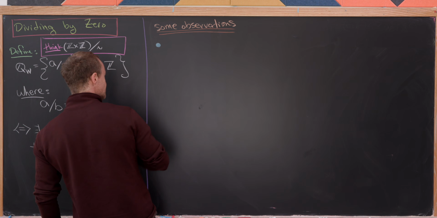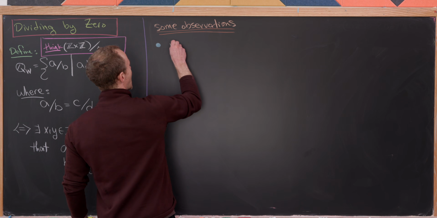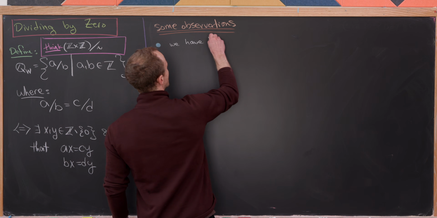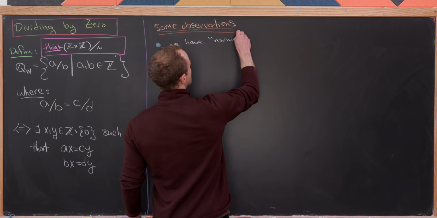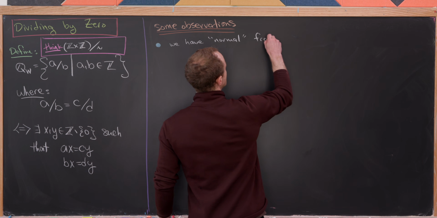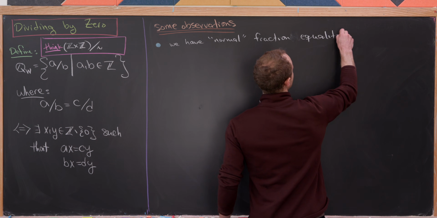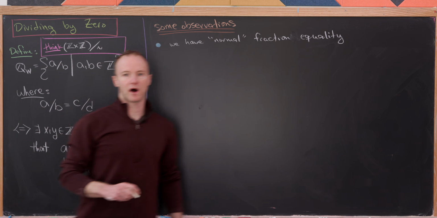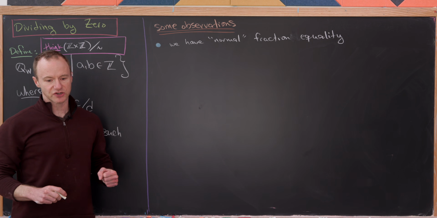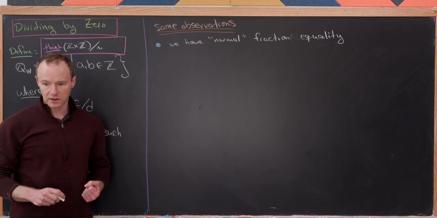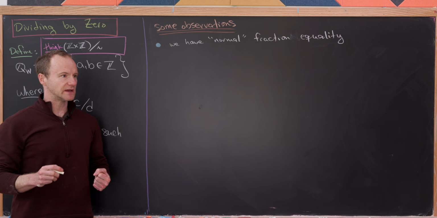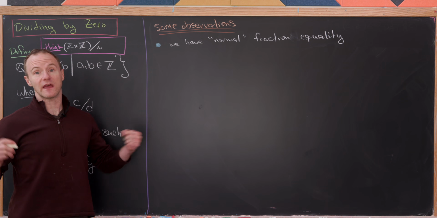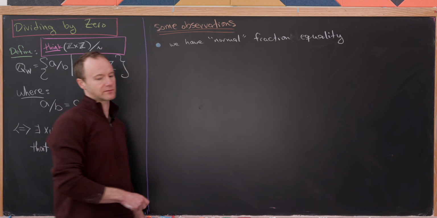So the first thing to notice is that we have what I'll call normal fraction equality here. And what I mean by normal fraction equality is as long as there's no zero in the denominator, fractions are equal exactly the same way they would be in the normal rational numbers.